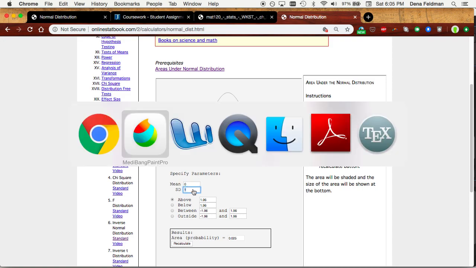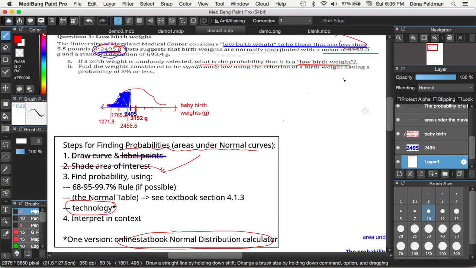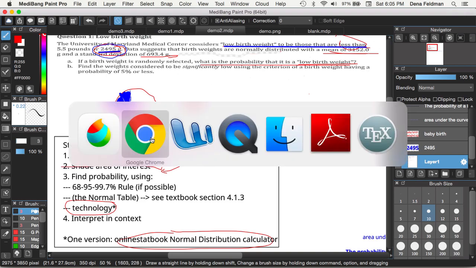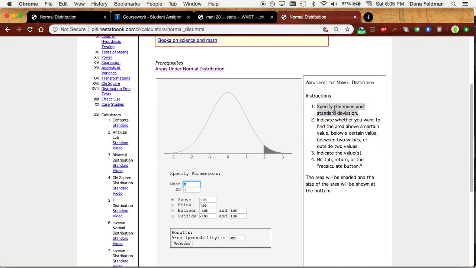So when I return back to my page where I've read my information up here, over here as well, I have my mean, my standard deviation. So I can return to my calculator, and I can specify the mean and the standard deviation. Specify the mean as 3152.